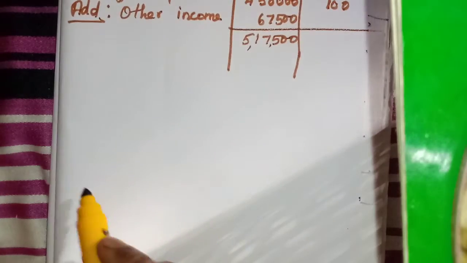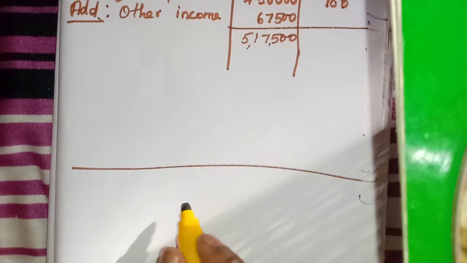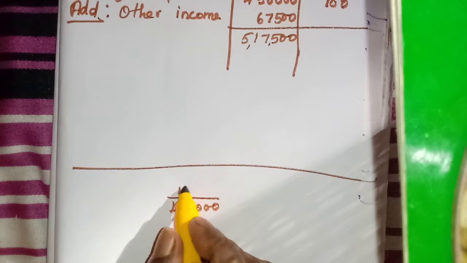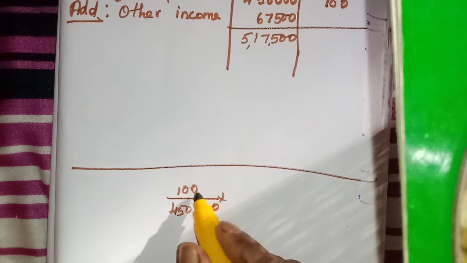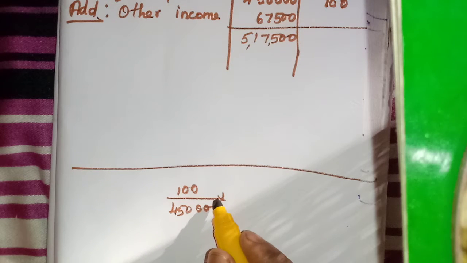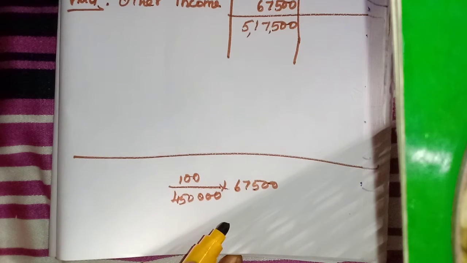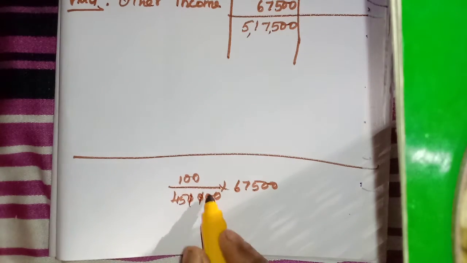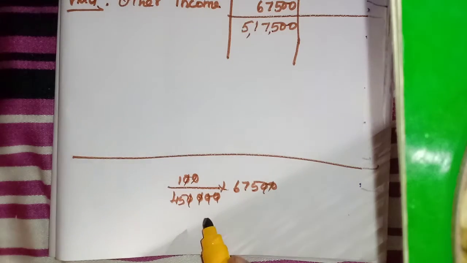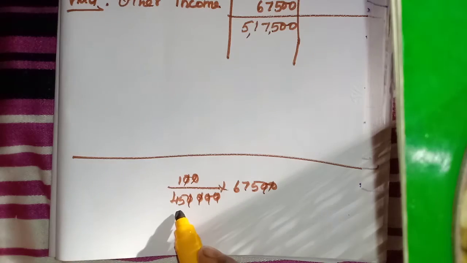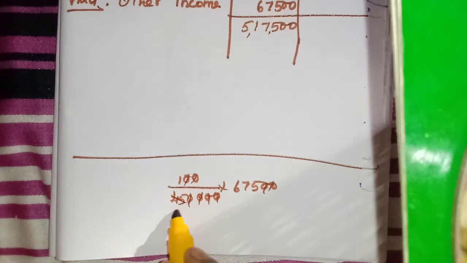Now we need to calculate. Here for 4,50,000 it is 100. If it is 100 for 4,50,000, then for 67,500, how much is the percentage we need to calculate. 40, then 45. 5 we can cut, isn't it? 9.